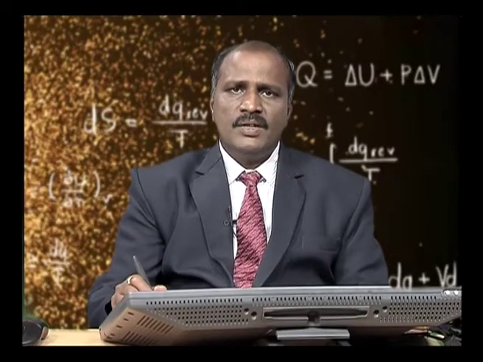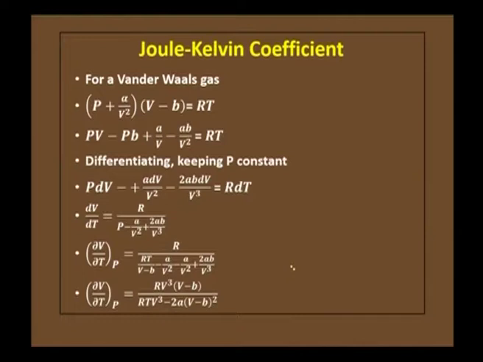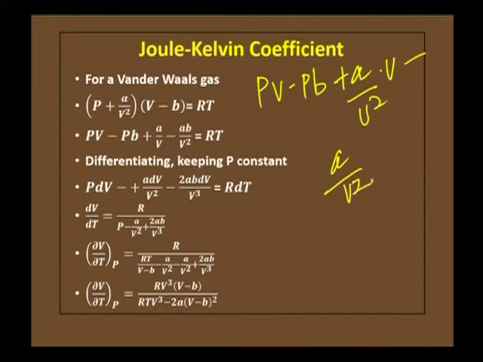So, the van der Waals equation states that p plus a by v squared into v minus b is equal to R t. Multiplying the individual terms, we get p v minus p b plus a by v squared into v minus a by v squared into b is equal to RT.